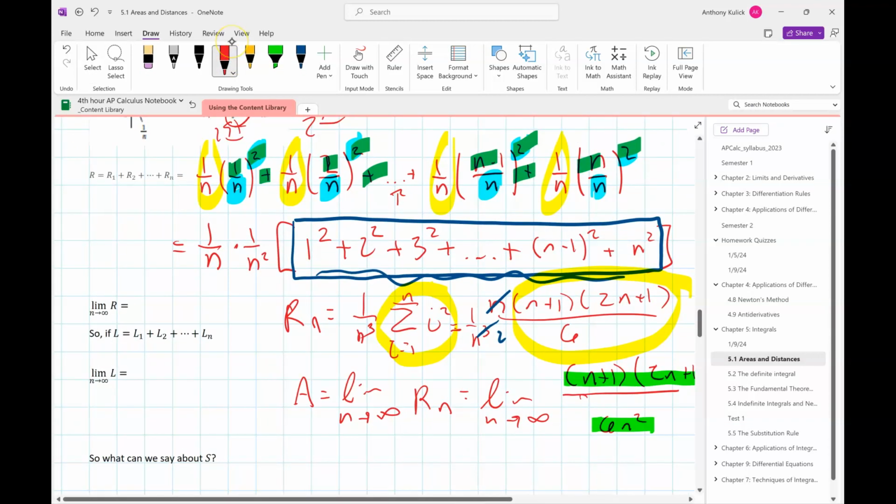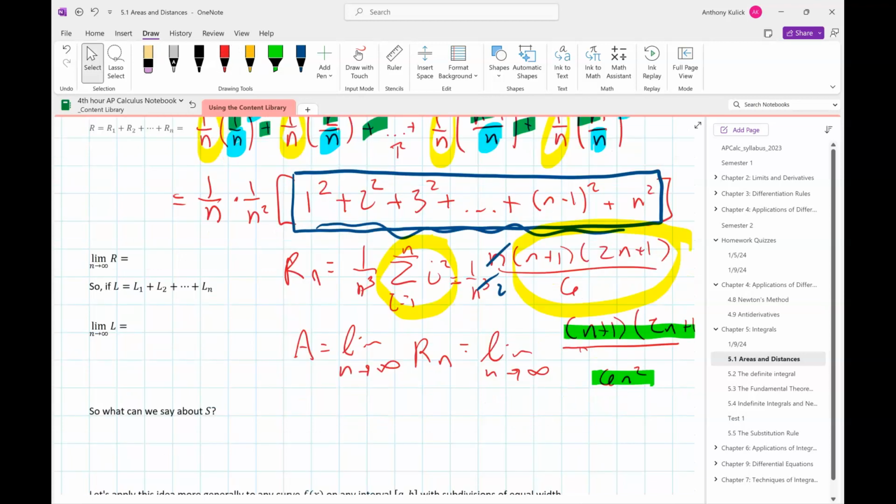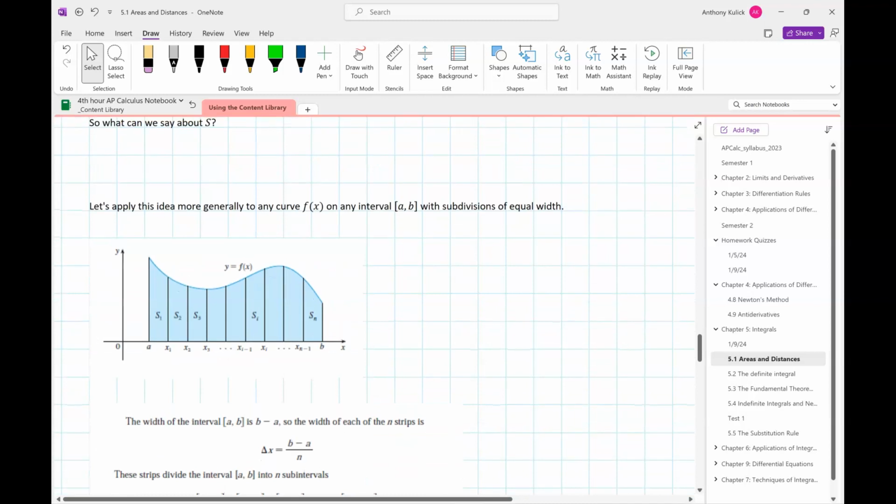Okay. If we did the same thing for L, what's going to happen? Same thing. We get the exact same answer, right? I'm not going to go through the details because, woo, there's a lot of details. Now, we can do this generally for any curve. It doesn't have to be specifically y equals x squared.